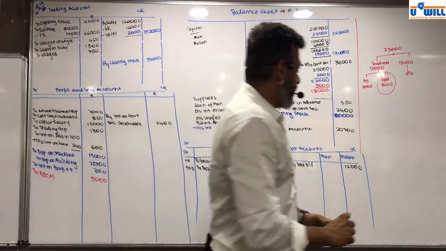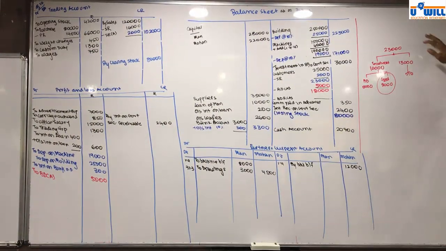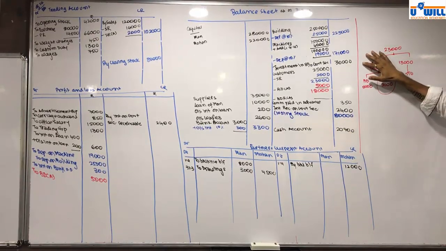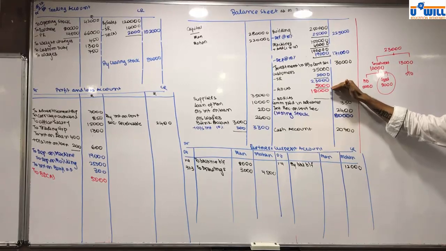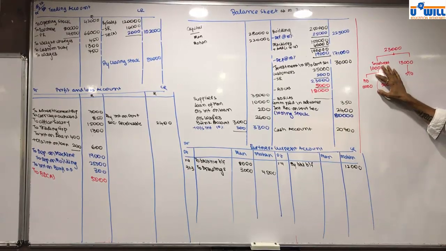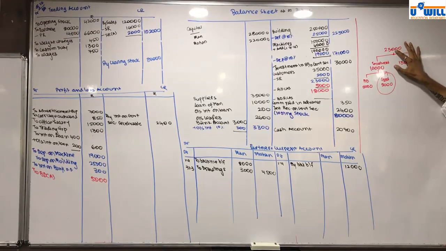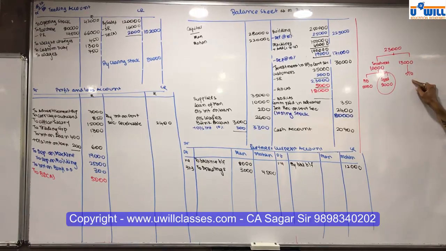Understood this? All of you understood this? Okay. Now, फिर से एक बार. Total debtors are 23,000. Okay. इसमें से 10,000 insolvent हो गया था. तो उसमें से कोर्ट ने कहा कि रिसीवर से we are going to receive 50%. तो जो नहीं मिलने वाला है वो तो ऑलरेडी डिडक्ट कर दिया. ये तो फ्यूचर में हमें पूरा 5000 मिलेगा, इसमें कुछ भी डाउटफुल है? कुछ भी डाउटफुल नहीं है। तो डाउटफुल क्या है? ये 13,000 में से 5% is doubtful, so we have to create reserve on this 13,000.